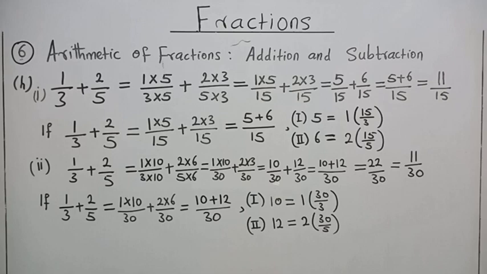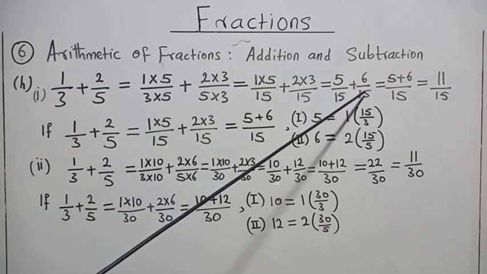So when I chose 15 as their common multiple, I had to upgrade this to become something over 15, which happens to be this. And also upgrade this 2 over 5 to something over 15, which at last became this.